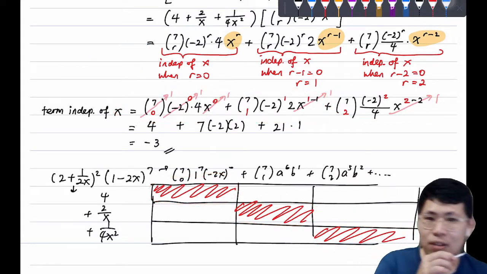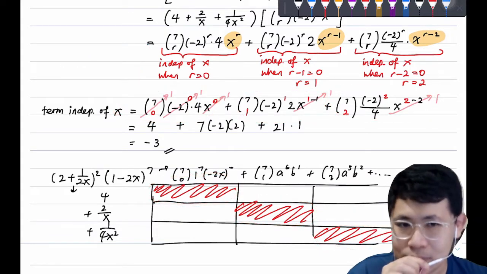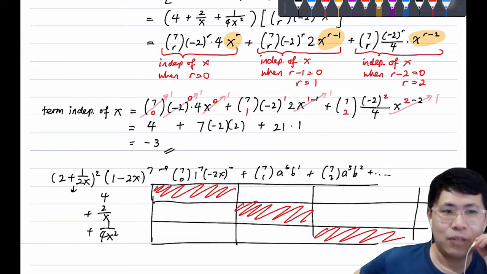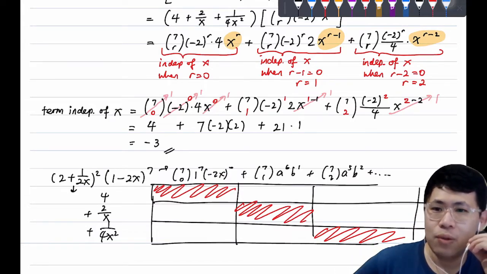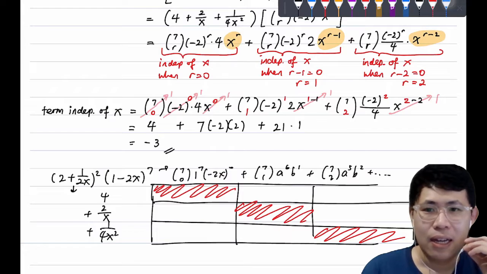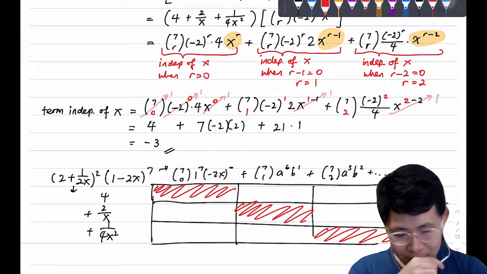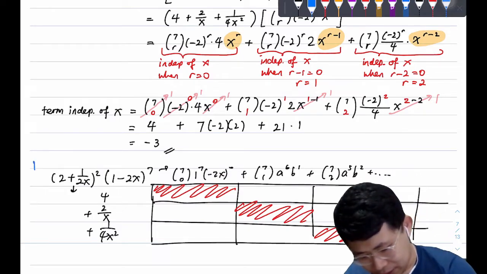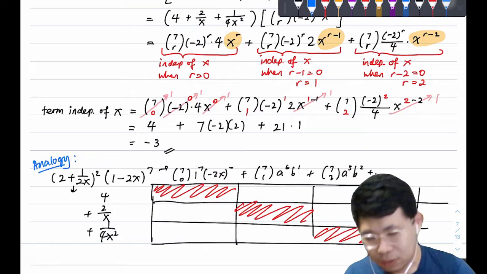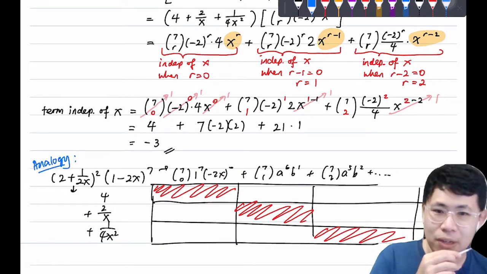This is the very abstract part of this kind of expansion, so don't worry yet. It will seem very abstract and difficult now, but when you do much more, you get the hang of it.